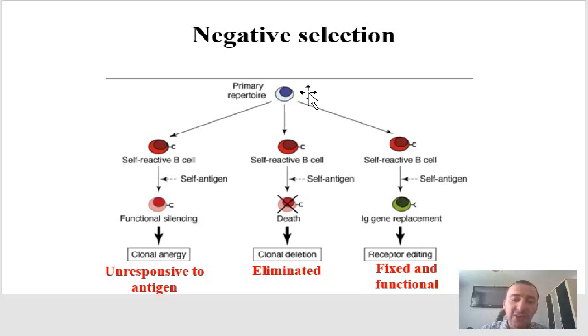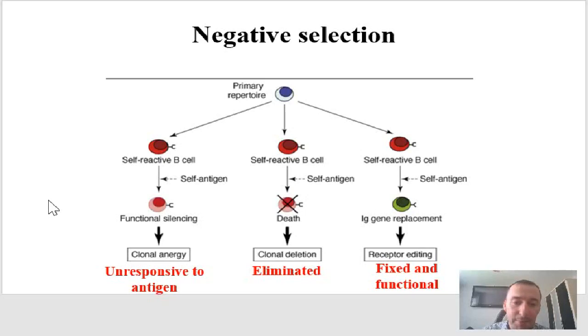So if you produce a self-reactive B cell, which you can see on the left-hand side, you have the ability to functionally silence that B cell. Okay? What happens basically is that it causes a cell signal within that cell to ensure that it will not respond, it will not create an immune response if it's stimulated by the antigen.